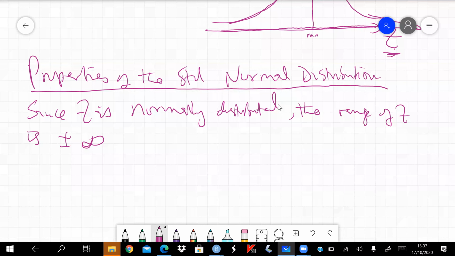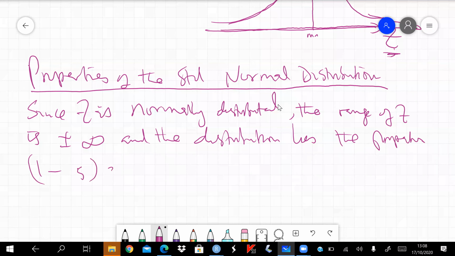In other words, z is defined for all the values from minus infinity to positive infinity. And the distribution of z has the properties 1 to 5 above of the normal distribution.